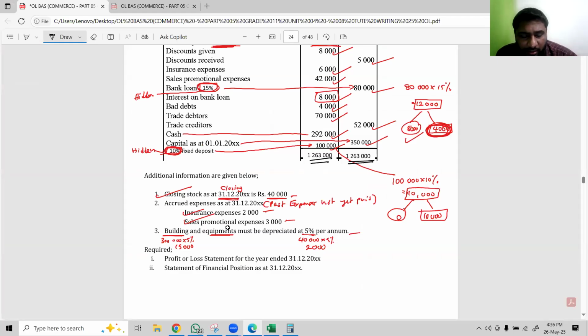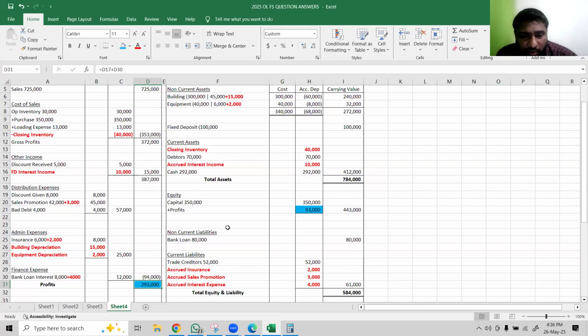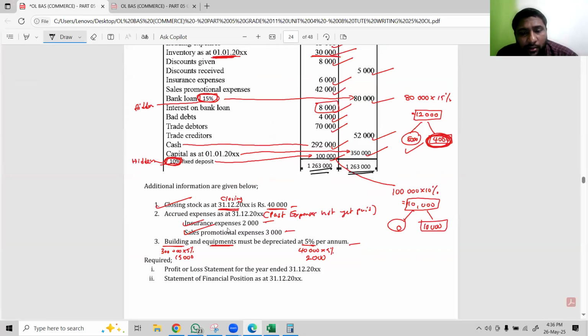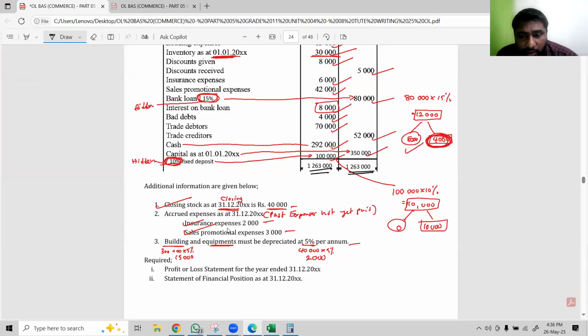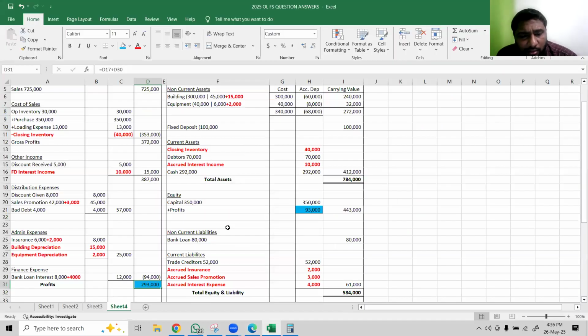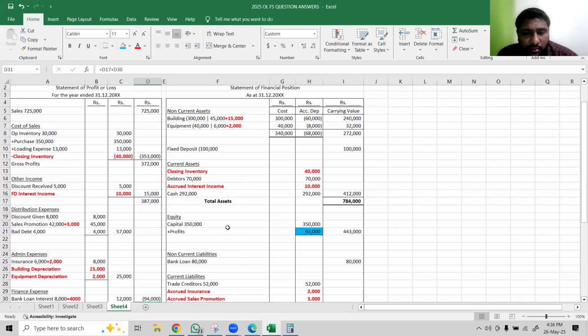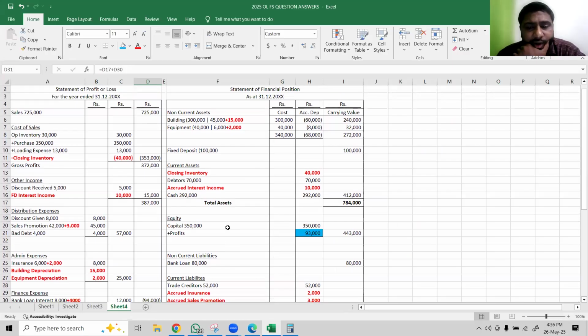Equipment depreciation 2,000. Here 4,000. 10,000. Let's see if this recorded correctly.